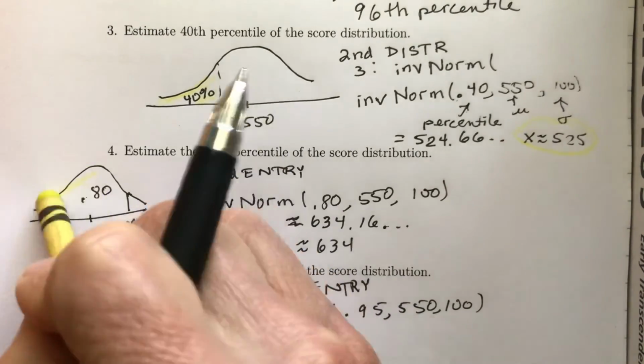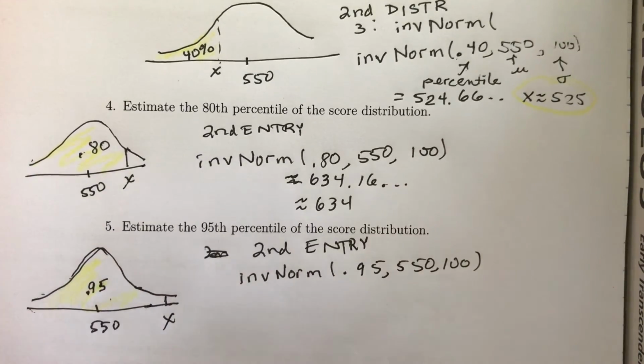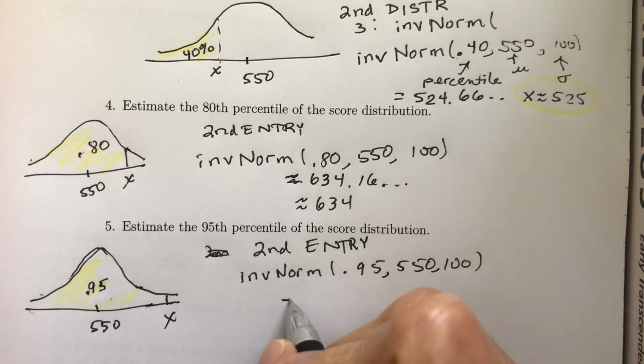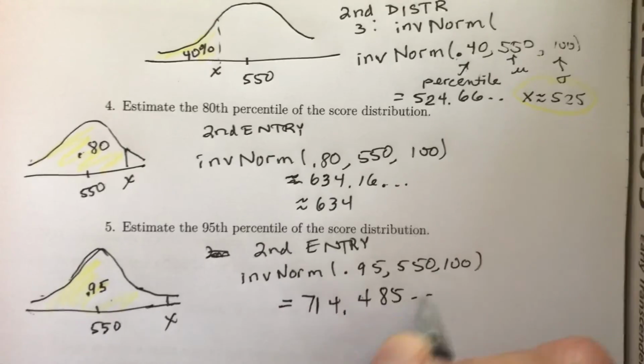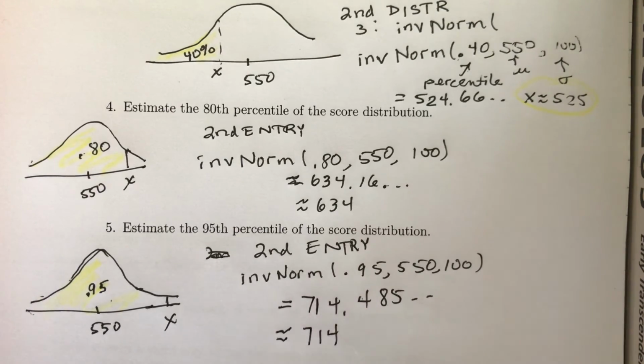But what we're trying to do is find the x value that corresponds to 0.95. So that's the inverse. Given the percent, can you find x? You put that in there, and apparently that's 714.485. It goes on. So this is approximately 714.